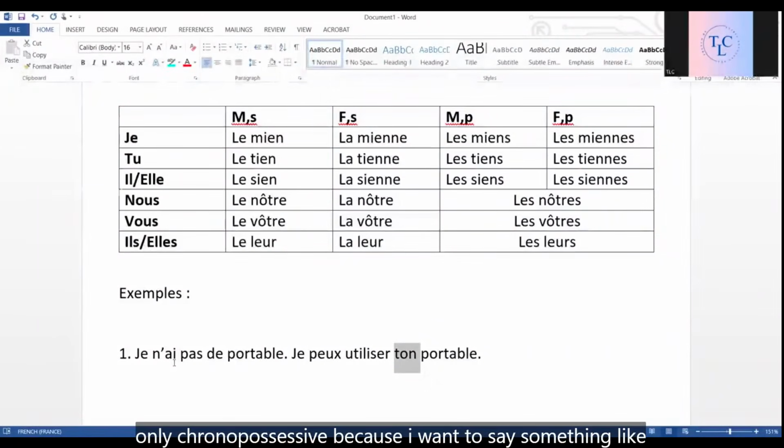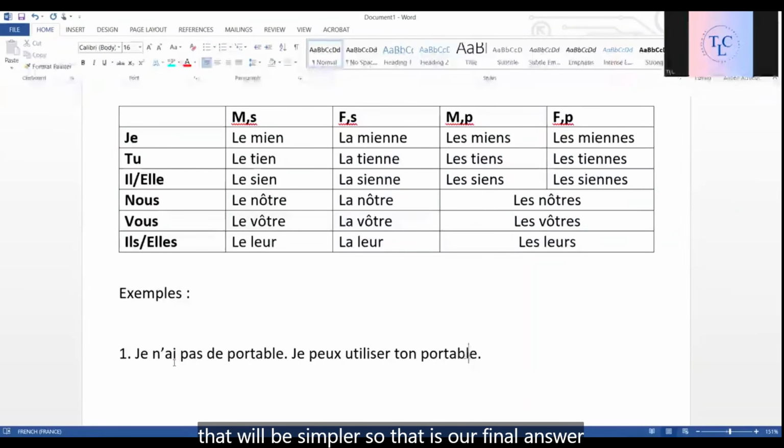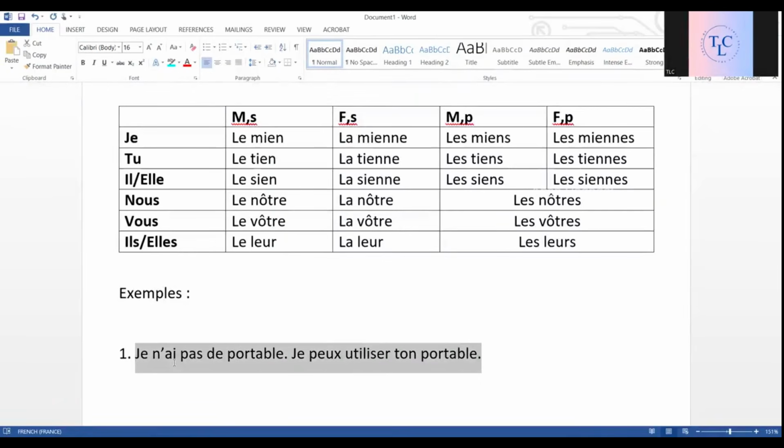Because I want to say something like this: I don't have a phone. Can I use yours? Right? Instead of repeating and saying, can I use your phone? No. Can I use yours? That will be simpler. So that is our final answer.